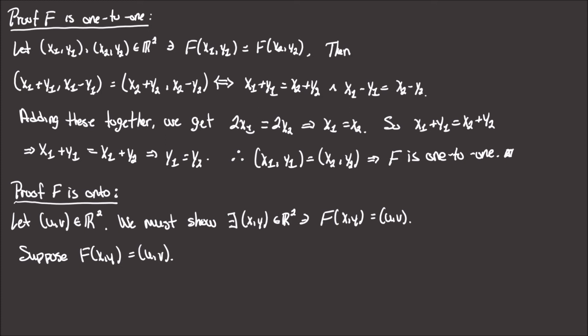We're going to do the other way of proving existential statements, which is we're going to provide a rule for finding this x, y. Then x plus y, x minus y would have to equal u, v. But this is true if and only if x plus y is equal to u and x minus y is equal to v.